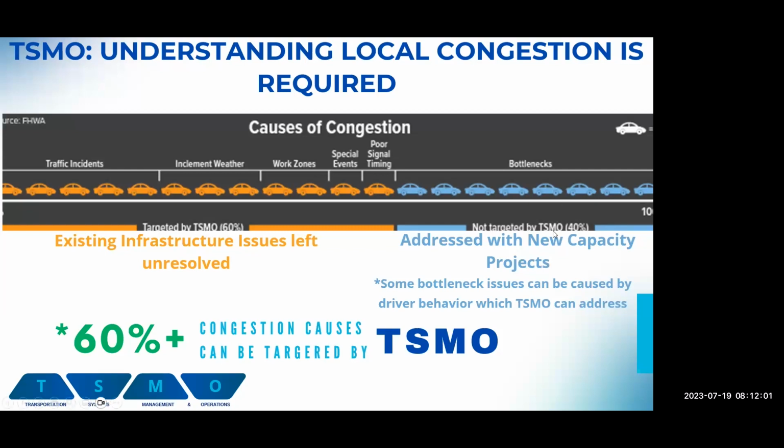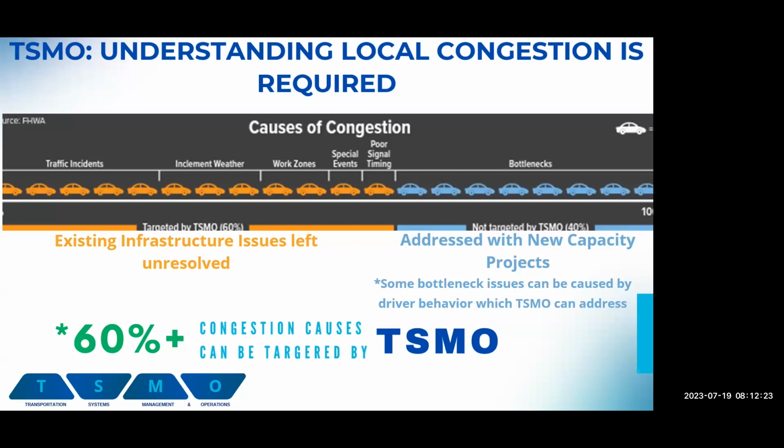The caveat about bottlenecks is also the fact that if you take a step back, sometimes you can see that what might appear like a bottleneck is actually just because of drivers. Drivers get to maybe an all-way stop, and instead of everyone taking their time and going one per approach, everybody's trying to go at the same time, and then you have a bottleneck.